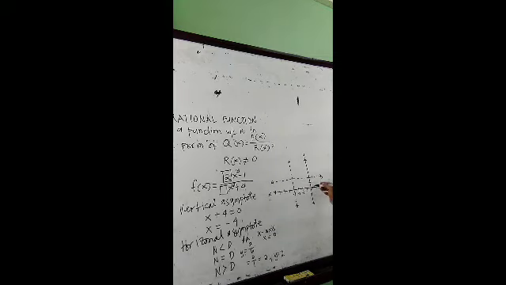This is 0 and negative 0.25, and this point is 0.5 and 0. Therefore, our graph is here, and then it will be extended here and here.